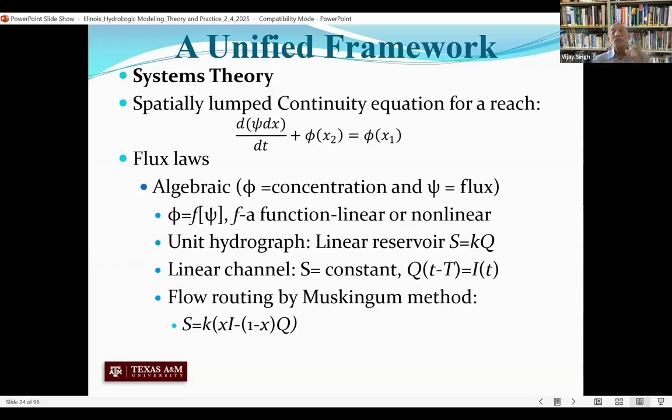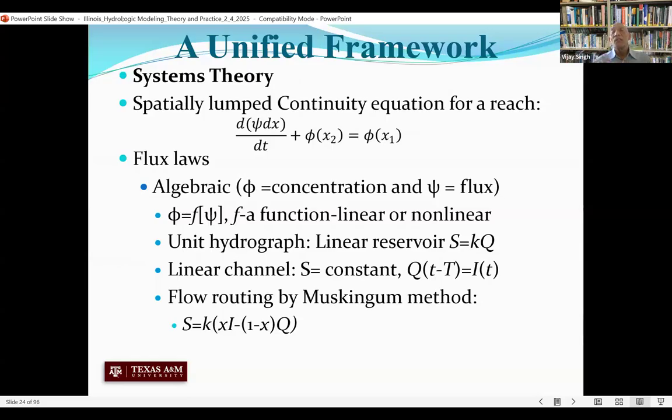So this is the spatially lumped form of the continuity equation, where x2 is the output, the location at which output is occurring in the form of concentration, and of course x1 corresponds to either the upstream area or the downstream area. So, for example, take the case of the unit hydrograph.